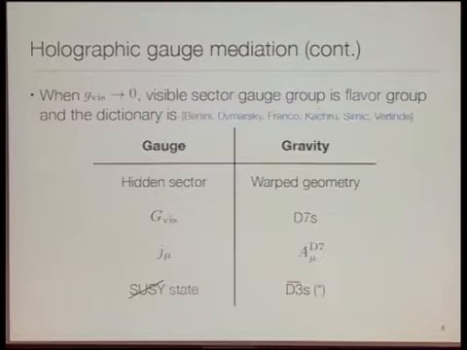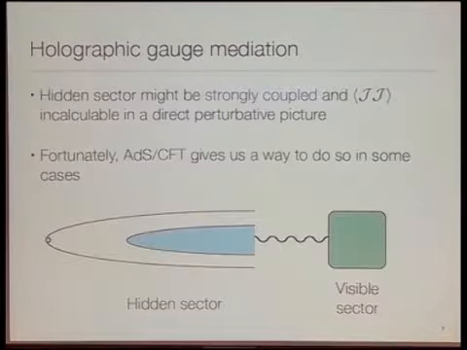So when the visible sector coupling is equal to 0, then the visible sector gauge group is a flavor group of the hidden sector. And then there's the dictionary between the gravity side and the gauge theory side. So the hidden sector is realized by the entire warped geometry.